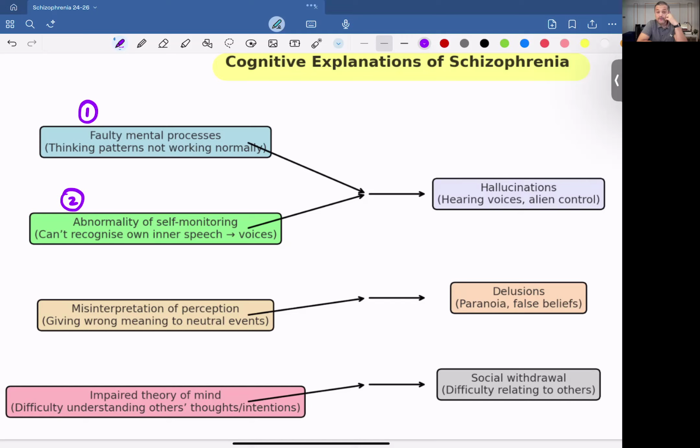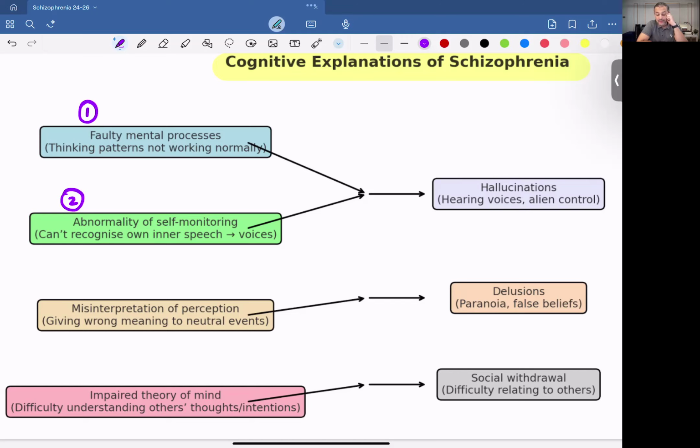But if you talk about individuals who have schizophrenia in particular, they might not be able to self-monitor well. In other words, they might not be able to understand that the thought they have in their mind has to do with them speaking to themselves.